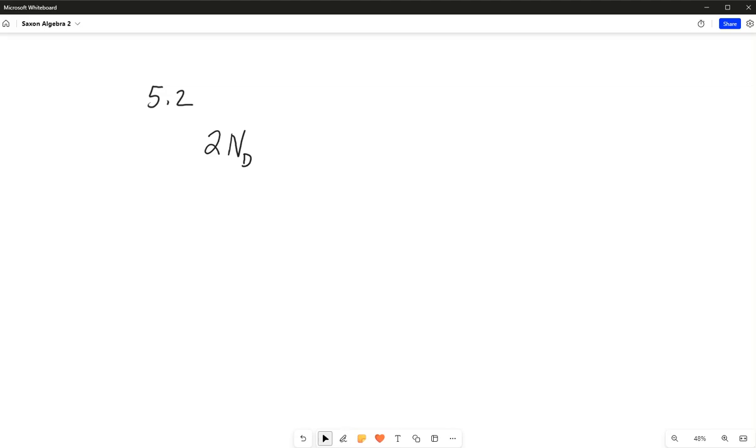Then 7 more ducks came. So that means we added 7 ducks. We're going to put 7 there. The resulting number of ducks, that means equals, was 13 less, so minus 13, than 3 times the original number of ducks, ND.